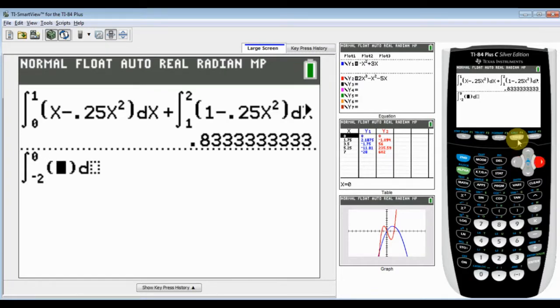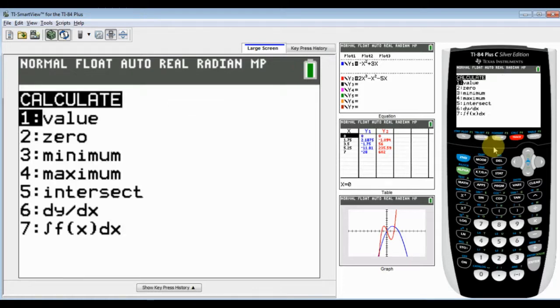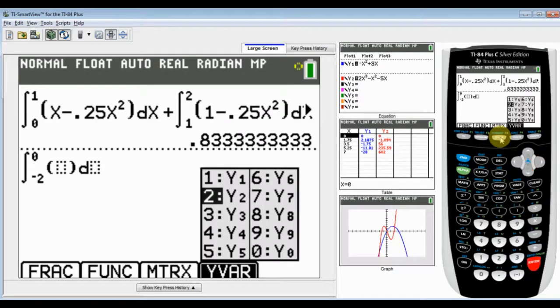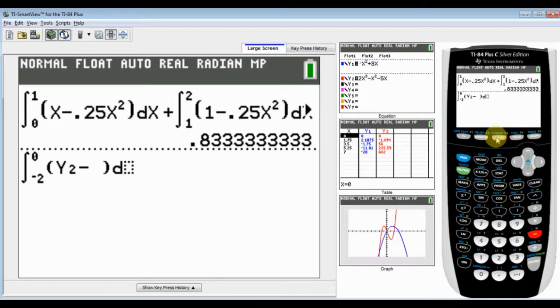It's going to be y2 minus y1 dx. How do you get the y2 and the y1?